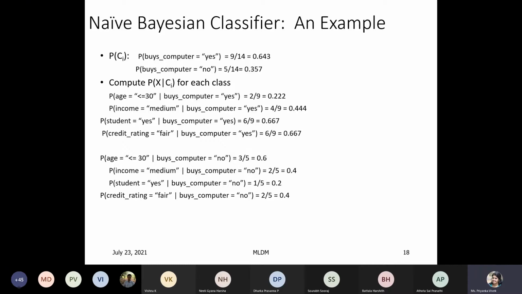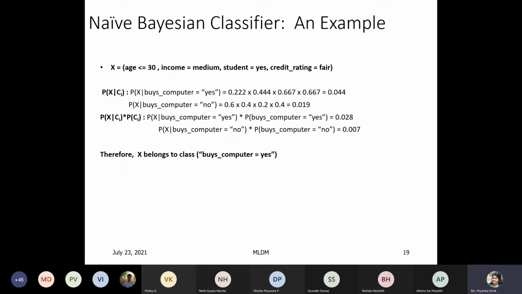So here the probability of yes and no would be 9 by 14 and 5 by 14. For the first example, age less than or equal to 30 given yes: we have 9 instances with yes, out of which only 2 instances have age less than or equal to 30. That is the probability. Like this we find for each attribute, for yes, and the same way for no. Then we multiply them all together for a particular class.